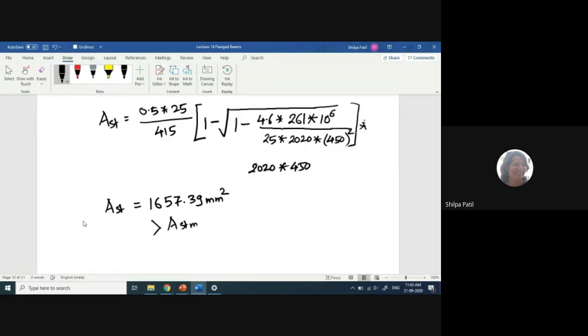What is the formula of Ast minimum? 0.85 bd upon fy. Here b is to be considered as bw, so 0.85 bw d upon fy. bw means width of the web.